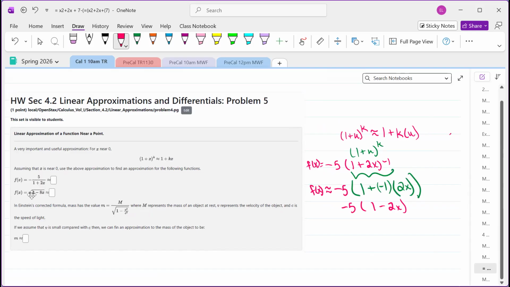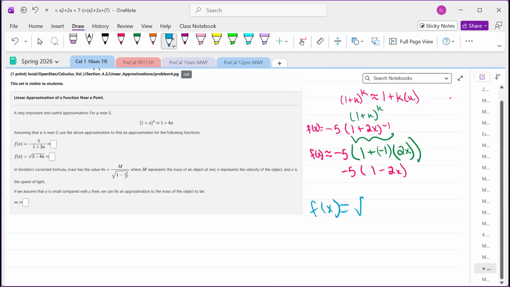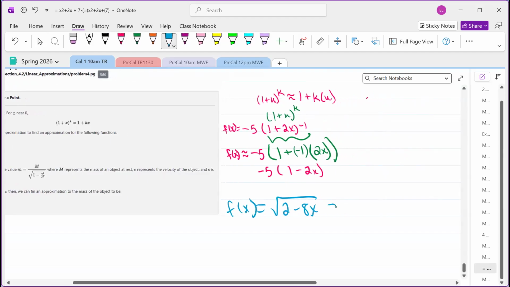All right, my second answer, I'm going to try to do the same thing. I'm going to try to make it look like 1 plus a thing to a power. So let me write that function down first. I'm going to trade out my square root for the 1/2 power.